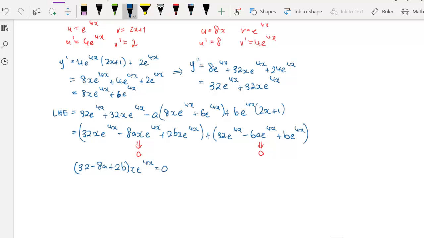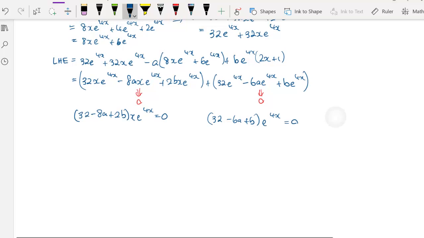And over here we've got 32 take 6a plus b e to the 4x must be equal to 0. Now, this e to the 4x, divide out, it's 0. This x divide, it will be 0. So we end up with 32 take 8a plus 2b is equal to 0. And on this side, we end up with 32 take 6a plus b is equal to 0.